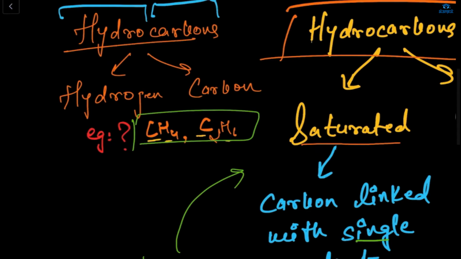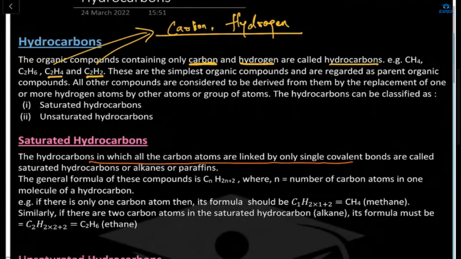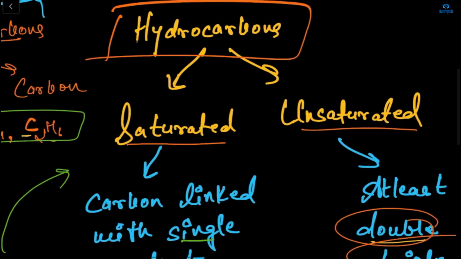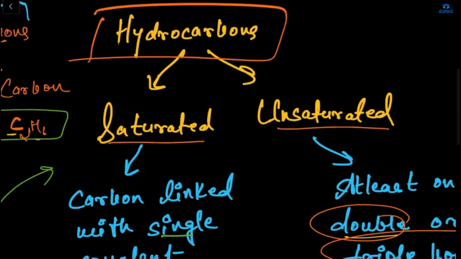The main thing is it should contain both hydrogen and carbon. The definition: organic compounds containing carbon and hydrogen are known as hydrocarbons. Examples: CH4, C2H6, C2H4, and C2H2. Next, hydrocarbon is classified into two types: first saturated hydrocarbons, and then unsaturated hydrocarbons.